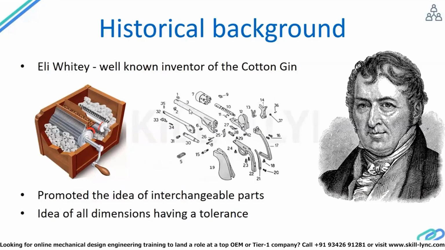And this tolerance is noted down during the initial design intent, and during the manufacturing, it is made sure that always the length of the barrel falls within the tolerance. And during inspection, it is verified, and all these process all together gives us the idea of interchangeable parts.